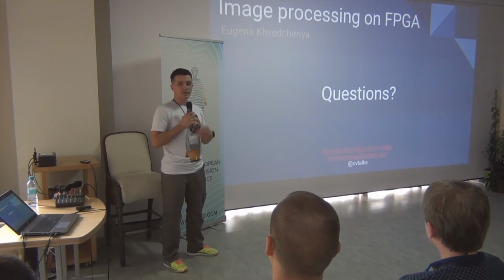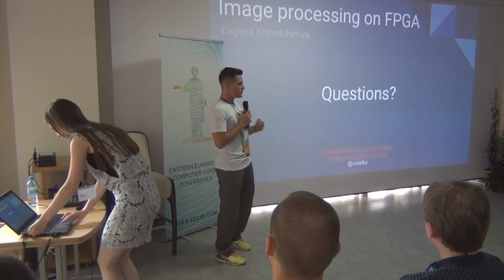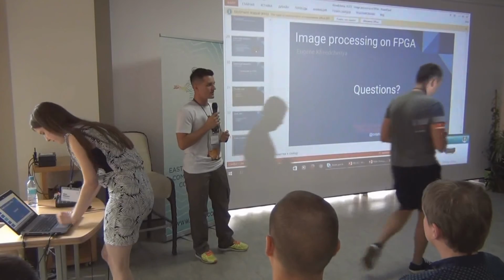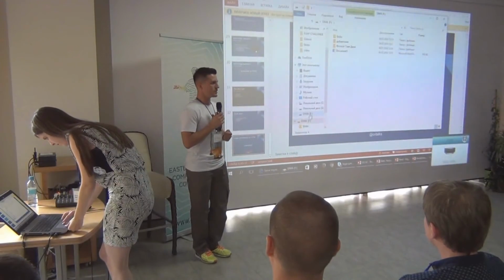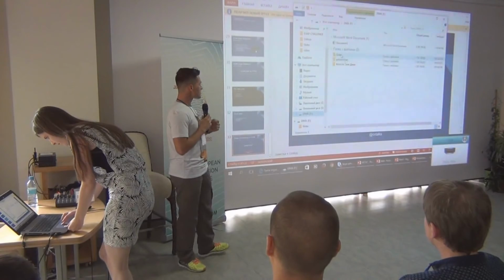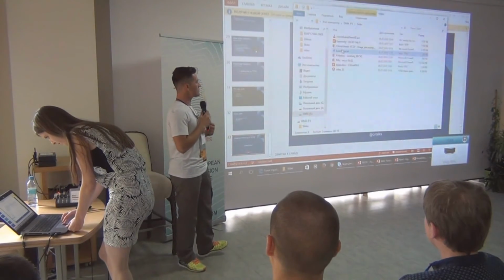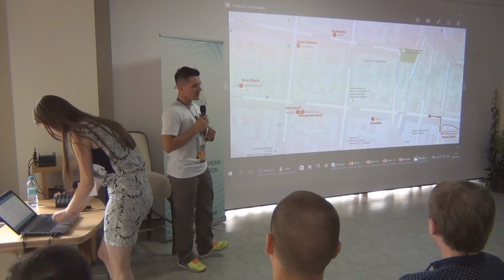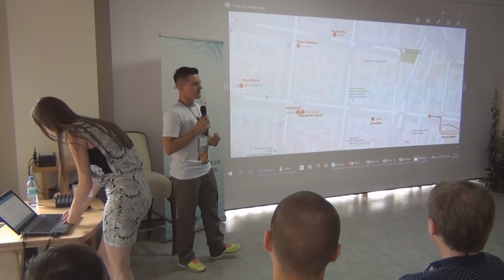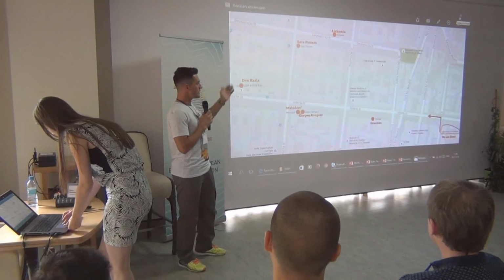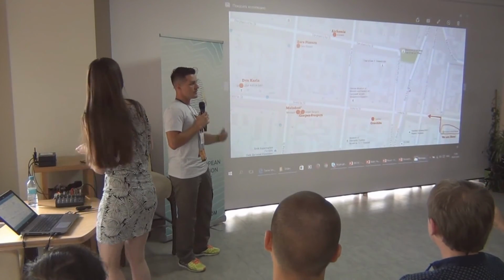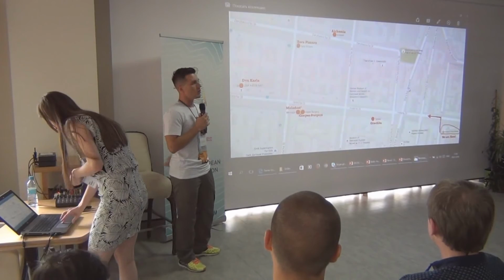But historically, FPGA chips were made by Altera and Xilinx, which are not very common in mobile phones, for instance. Qualcomm or Texas Instruments are common there, and the reason FPGAs are absent in mobile phones is that they are too complicated, I would say, for mobile developers. But since vendors are planning to support C++ with HLS and OpenCL, it would be easier, and I think they will become more popular.